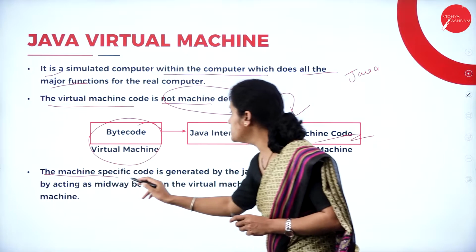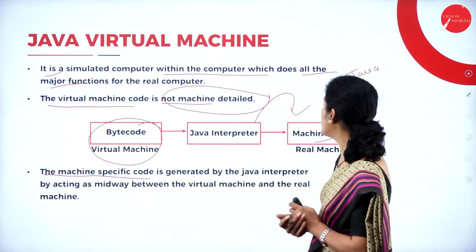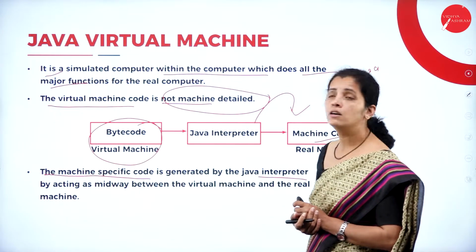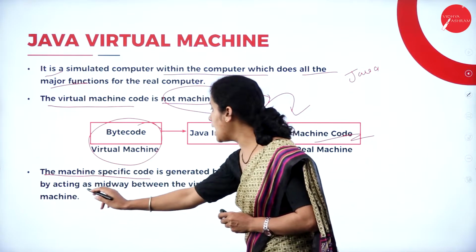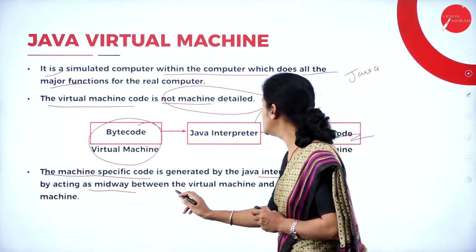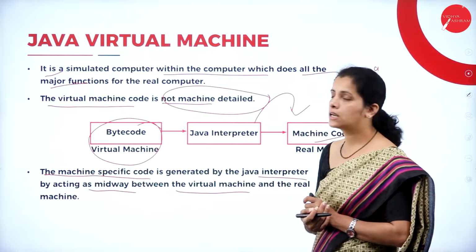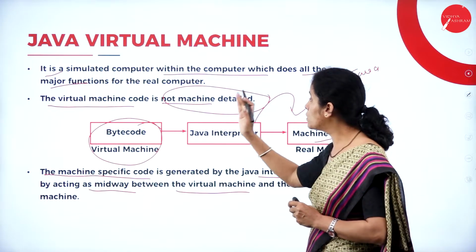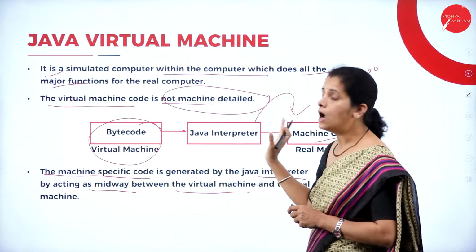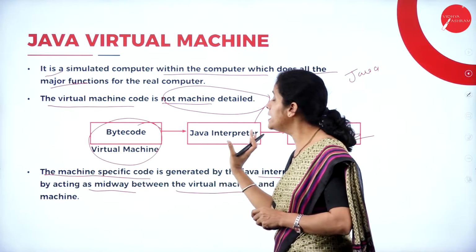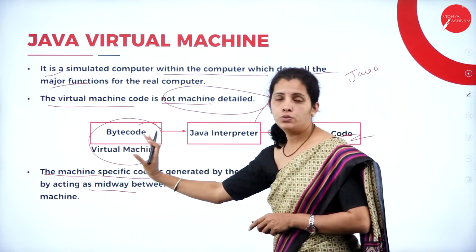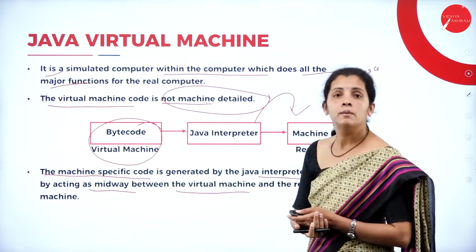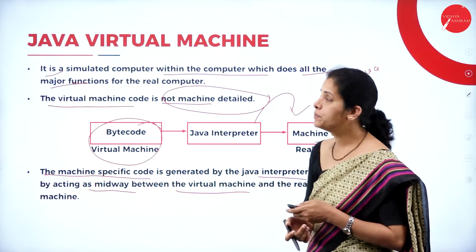So, the machine-specific code is generated by the Java interpreter, acting midway between the virtual machine and the real computer. To generate machine code, I require the Java interpreter, and it acts like a mediator between the virtual machine and the real computer.